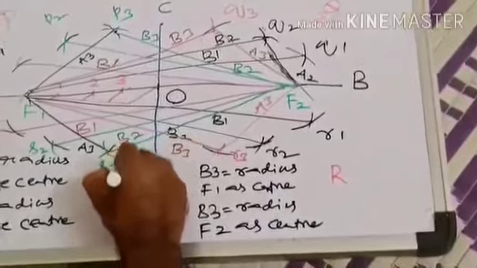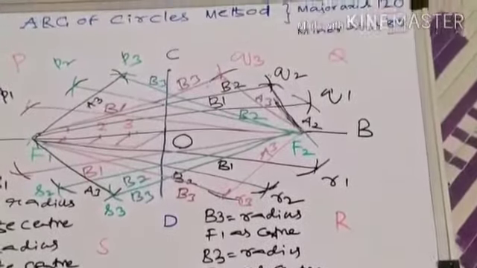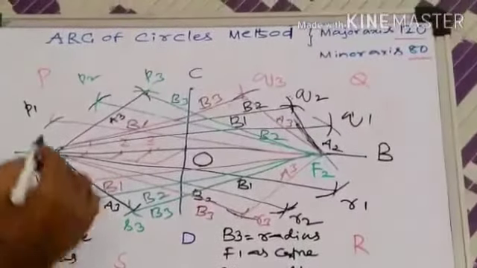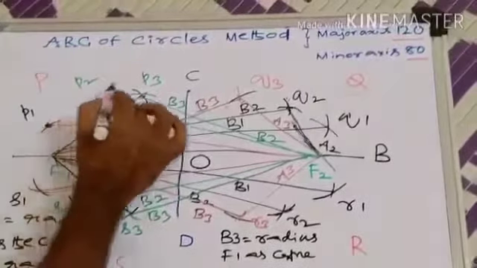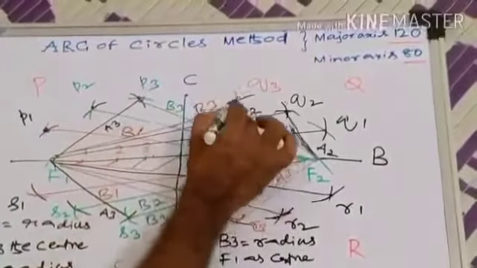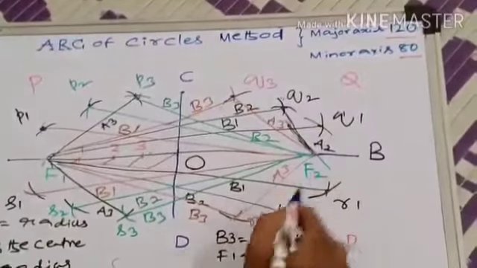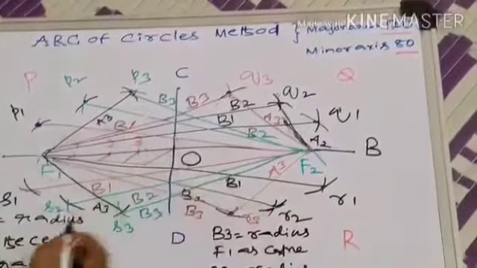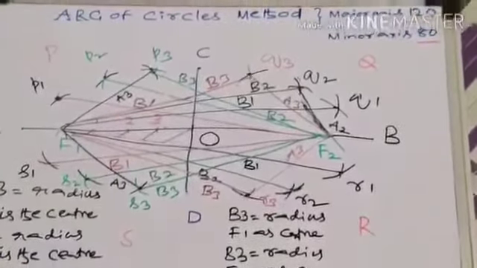This becomes S3. You have obtained the concerned points: P1, P2, P3, Q3, Q2, Q1, R1, R2, R3, S3, S2, S1.